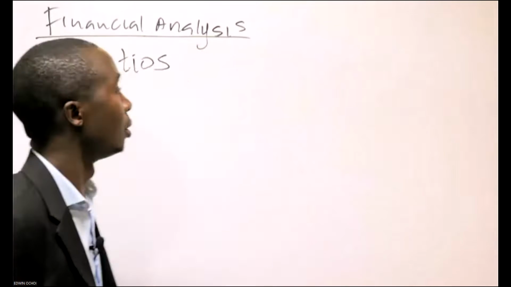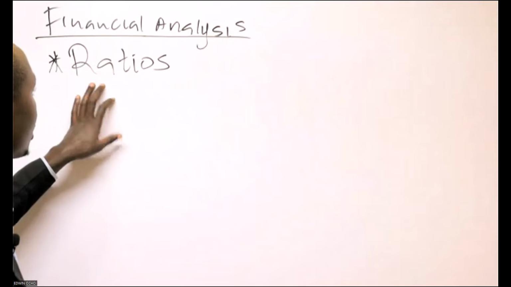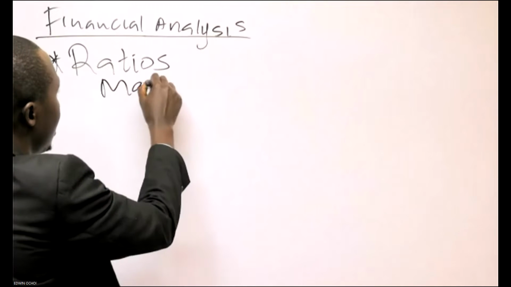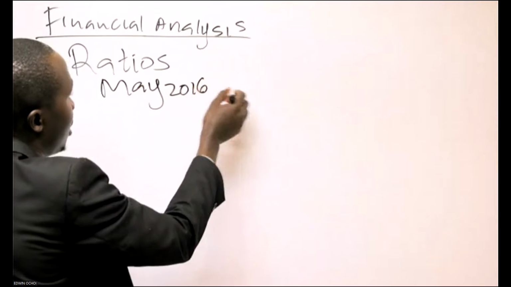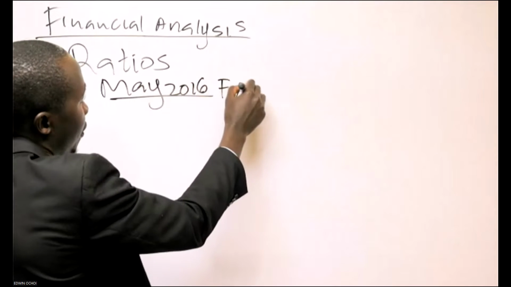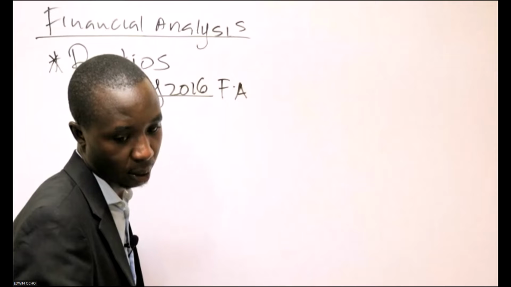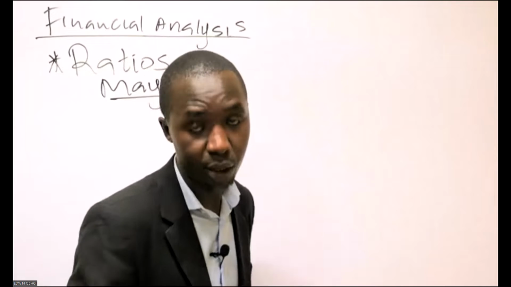So for ratios, I've said I will start with the question of May 2016. Financial accounting, FA, financial accounting. So let's look at that question. Let's have a look at the question of May 2016.